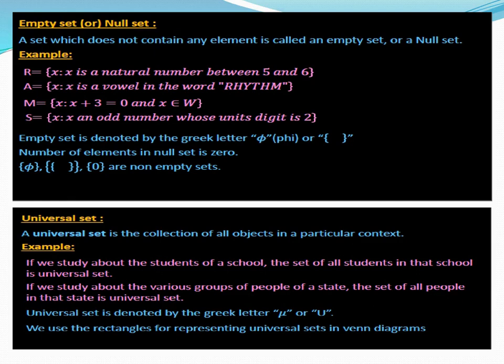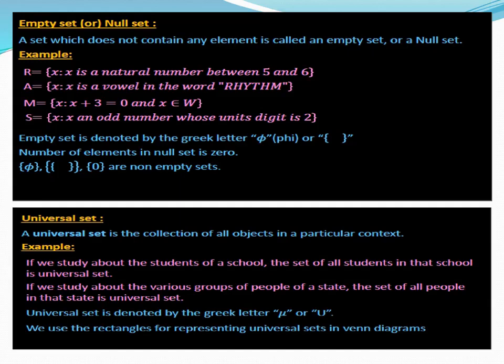So empty set is denoted by the Greek letter phi, or we denote empty braces. Number of elements in null set is 0. This is most important. All of you remember this one.